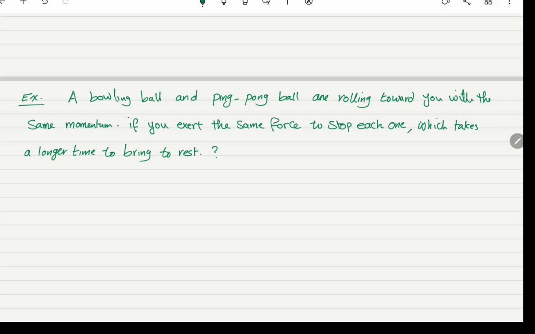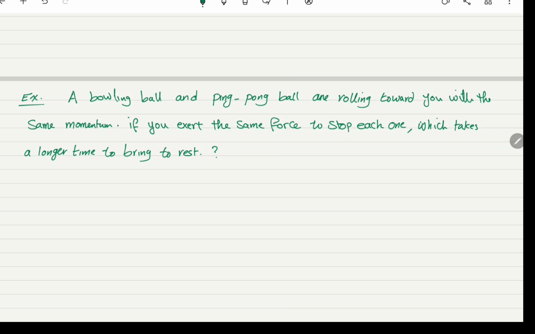Another conceptual example. A bowling ball and a ping pong ball are rolling toward you with the same momentum. If you exert the same force to stop each one, which takes a larger time to bring to rest?